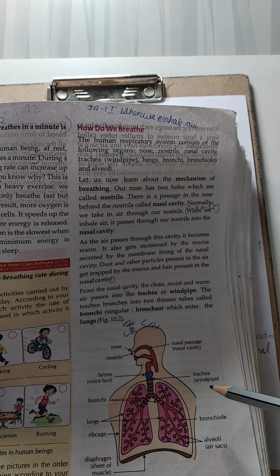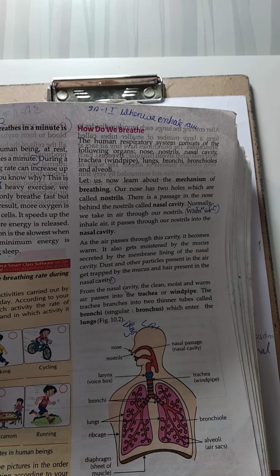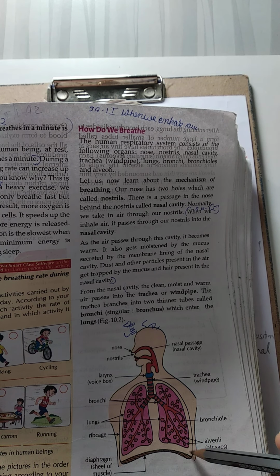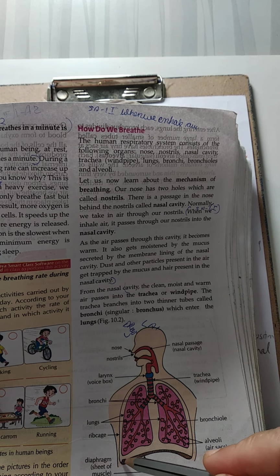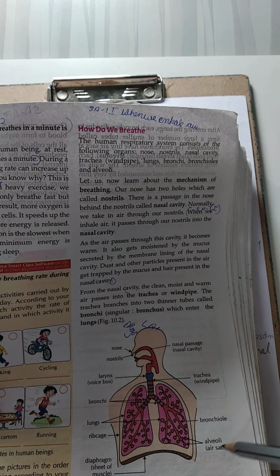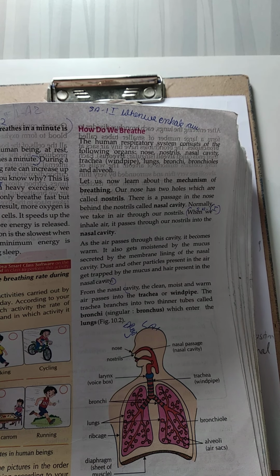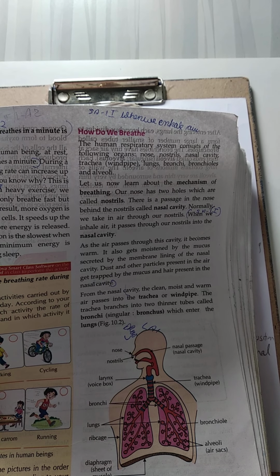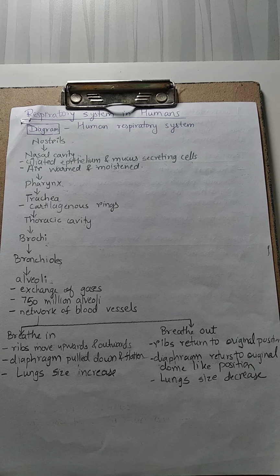To move air in and out of the lungs, a sheet of muscle is also present which is called as diaphragm. So this is the complete structure of human respiratory system. Now let's see these parts one by one.